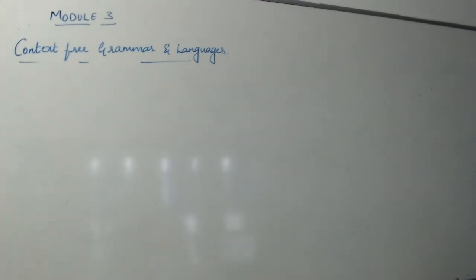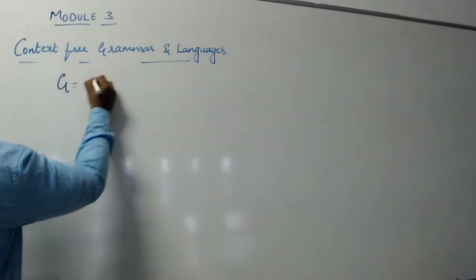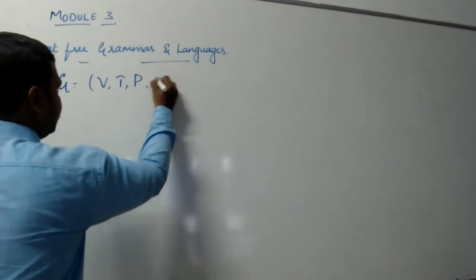So, a context-free grammar is a grammar which has a quadruple, that is 4 tuples, as usual.